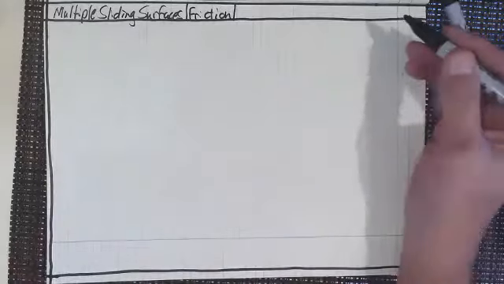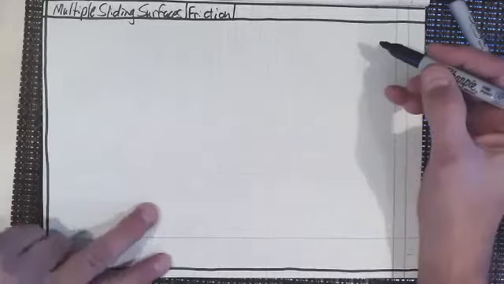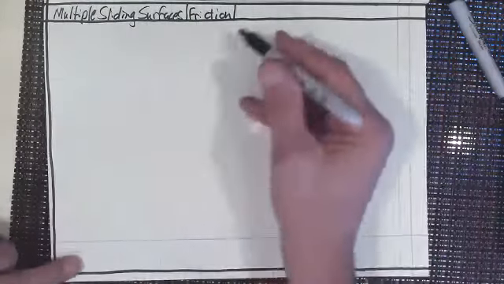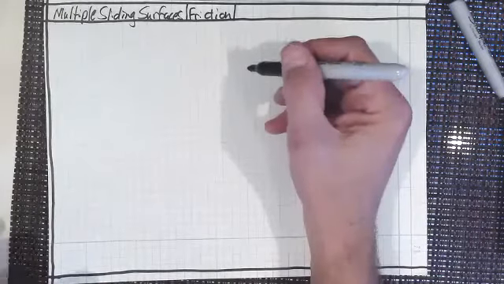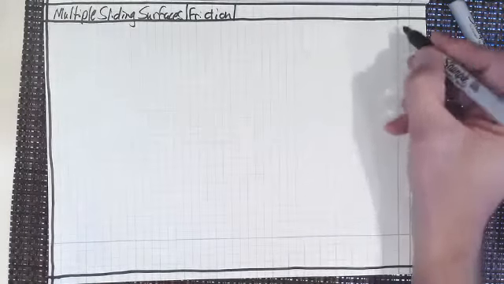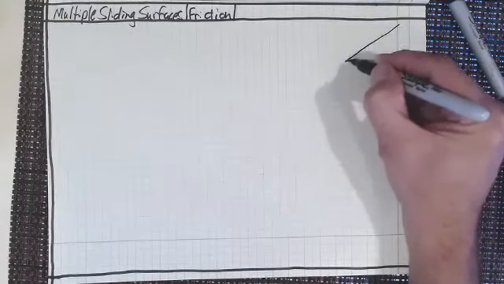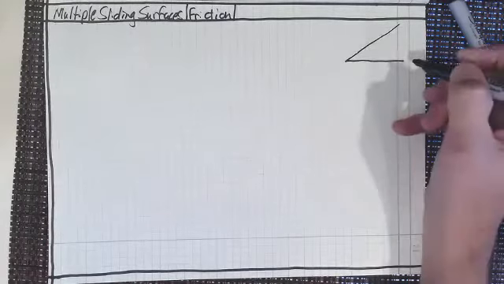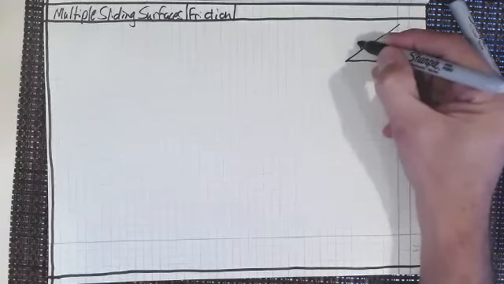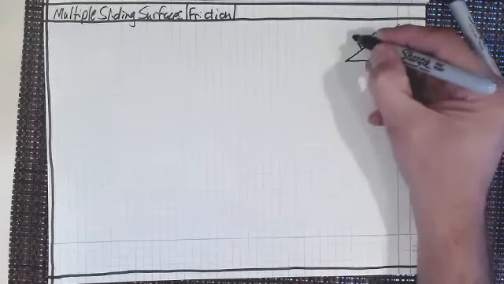Now, the first one that I want to look at today is two things on an inclined plane that are on top of one another.